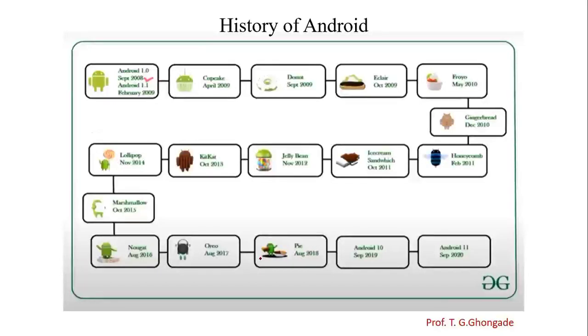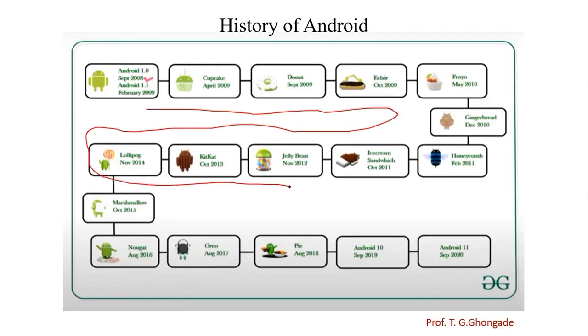Now let's go ahead and talk about the Android history. Now you can see over here, it initially started with Android 1.0, released in 2008. Android 1.1 was released in February 2009. And from that, you can see that it is a long journey.